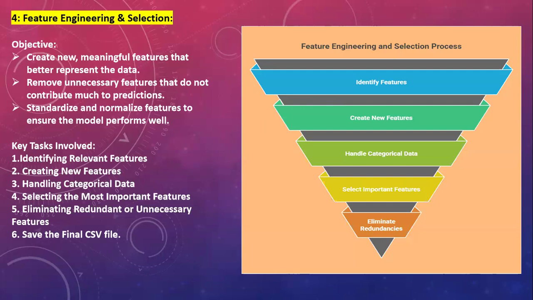So these are some key tasks involved in the feature engineering and selection activity. First, we need to identify the relevant features that are available, and whether they make an impact on the car price value or not. And we are going to create some new features that will impact our model.